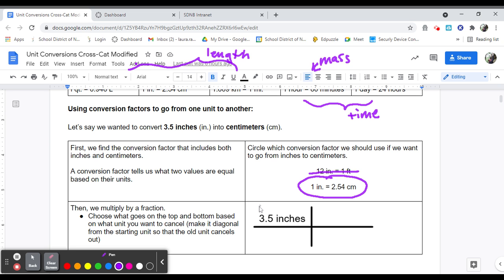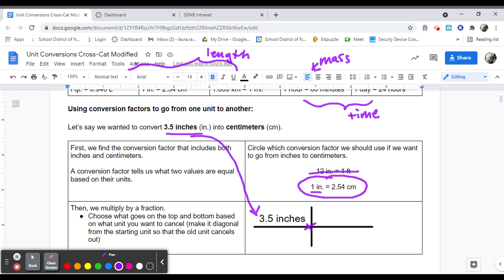So to set up my problem, I'm then going to take my given value, my 3.5 inches, and I'm going to put that in the first position on this grid or chart. I'm then going to multiply by the conversion factor so that the unit I want to cancel, inches, is on a diagonal from where it is to start.